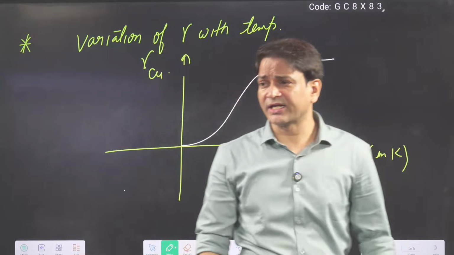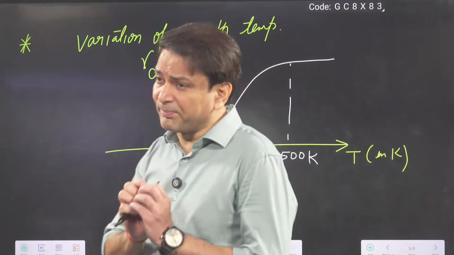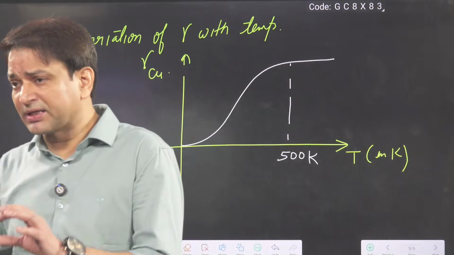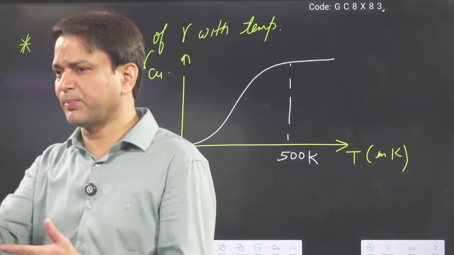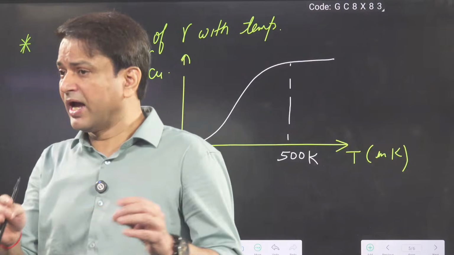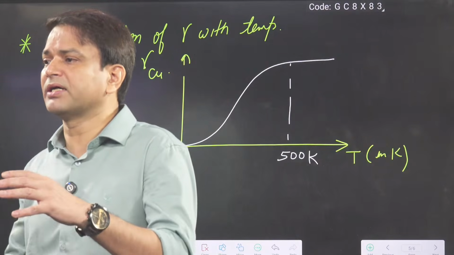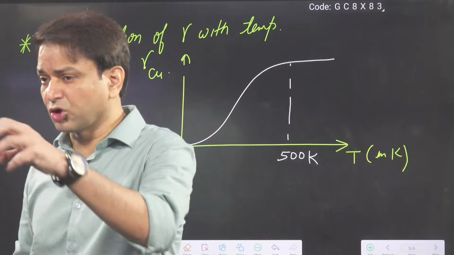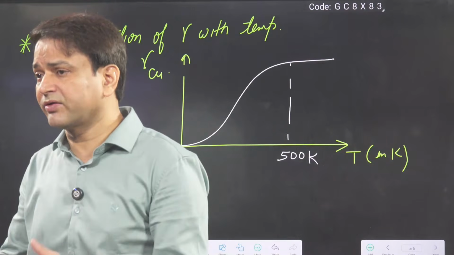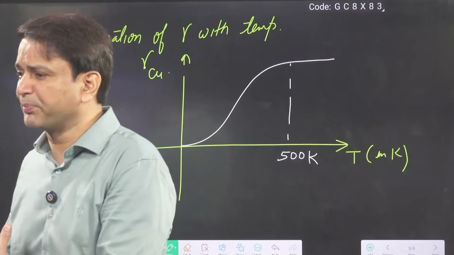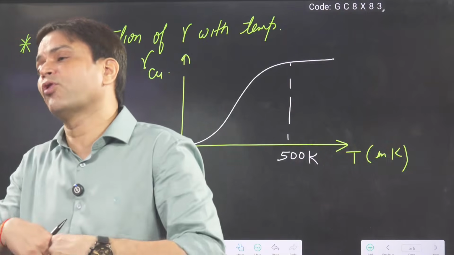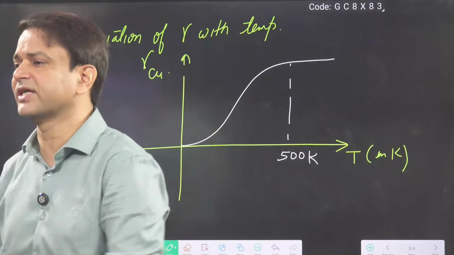It is a material property, so we cannot say all materials will follow the same graph. But this graph shows the variation. By this graph we can at least say that as the temperature is changing, gamma is not constant. So solid gamma will not be constant; it will change with the change in temperature. This graph only shows the variation, but I cannot say that every material will give the same graph.